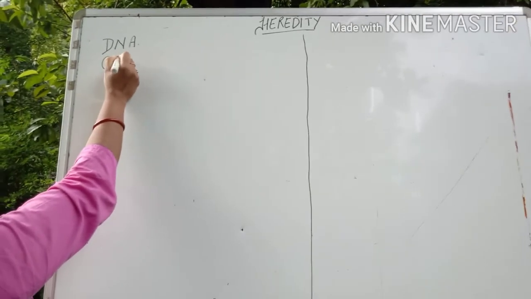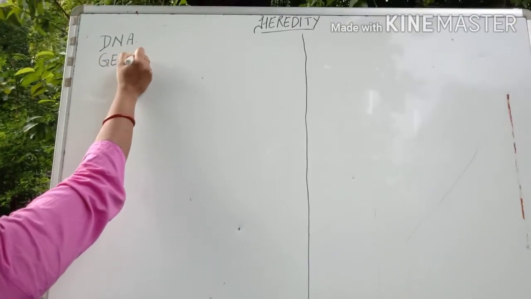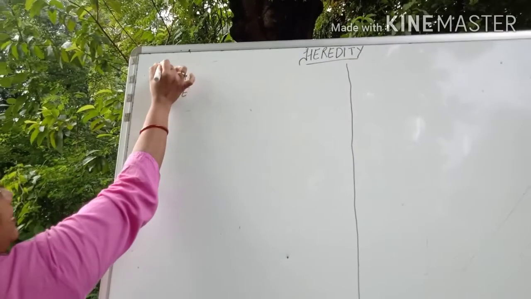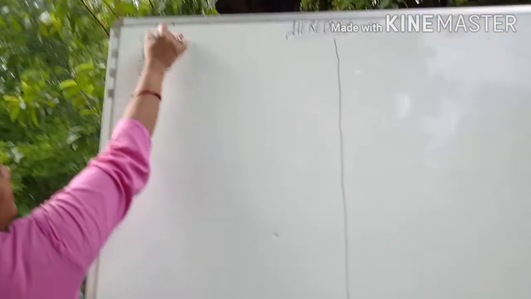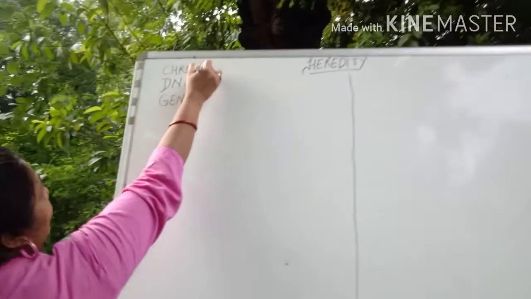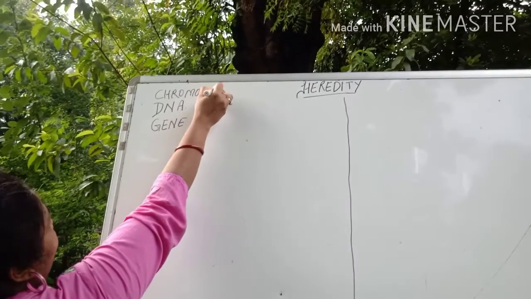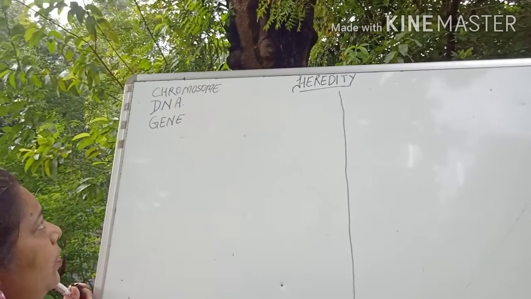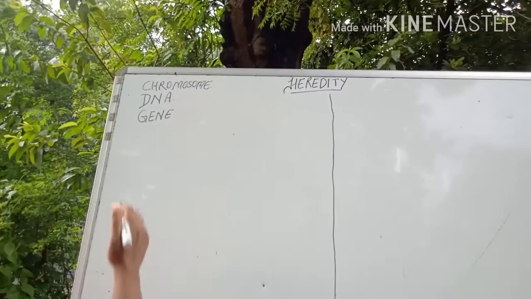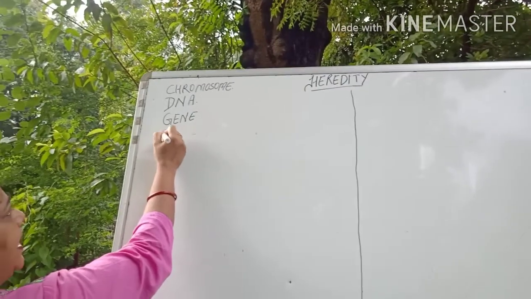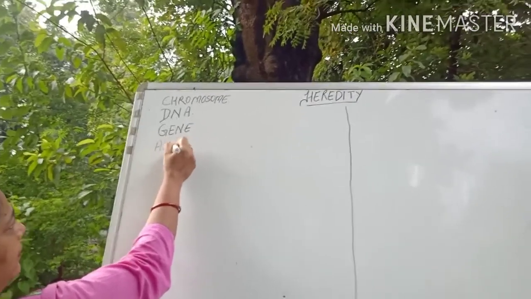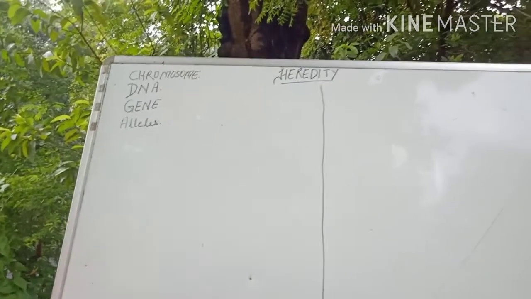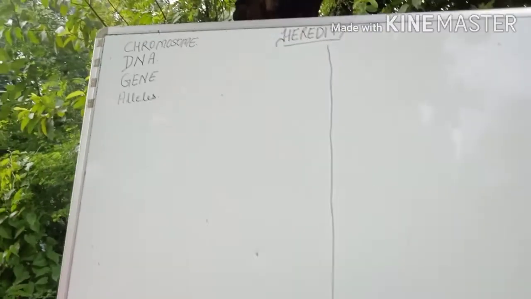Gene, I told you which part of the DNA is called the gene, and the chromosome, already we have studied right from our lower classes. Now here one more thing was added, alleles. That is the alternate genes, that was also explained to you.